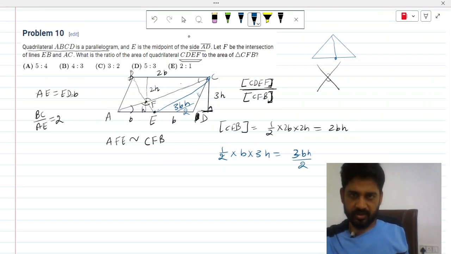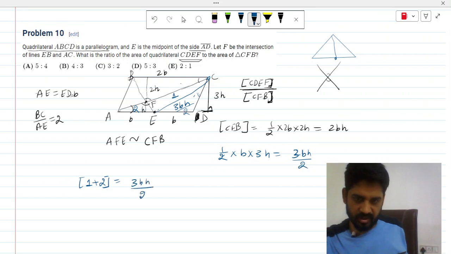Okay, for better understanding, suppose this area becomes 1 and this area becomes 2. Area 1 plus 2 will become 3bh by 2, which is equal to the triangle.